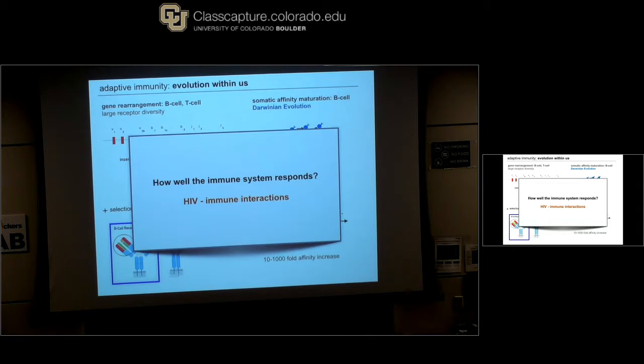Basically, you need T cells to help B cells to express themselves. And if the B cell is very self-reactive, you don't find the T cell to help it. That's more or less how it works. But we can discuss that in detail later. Anyway, this 1,000-fold increase is by selection against the pathogen you're encountering.